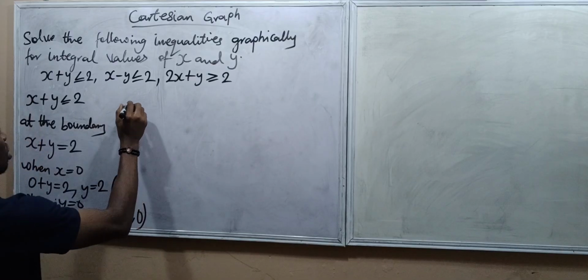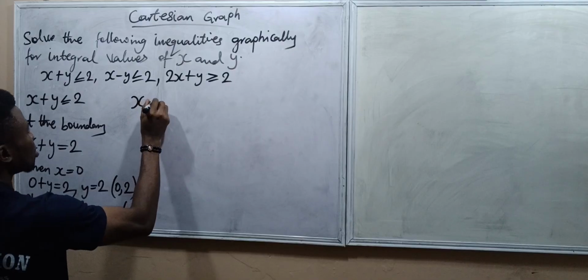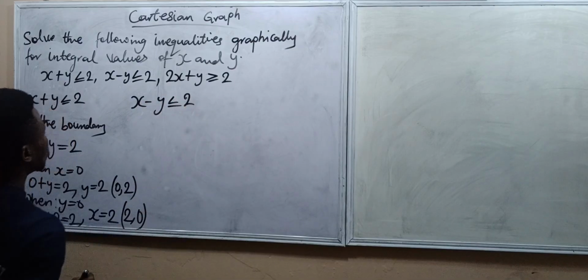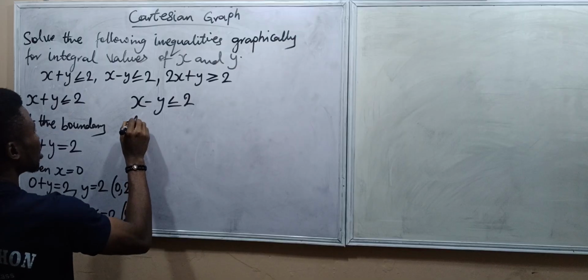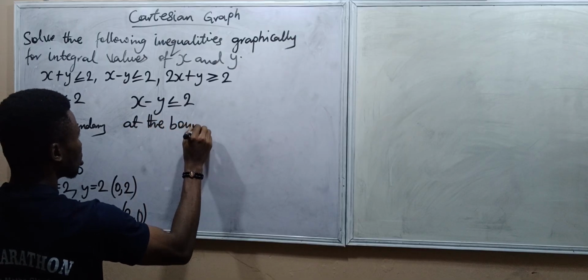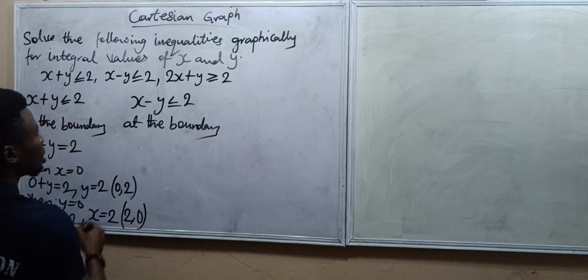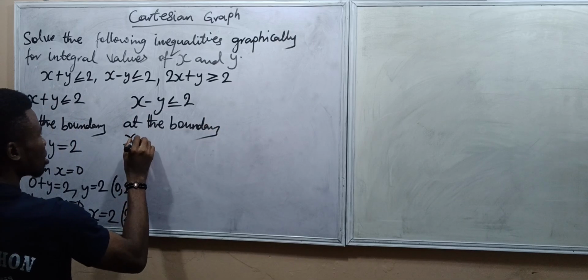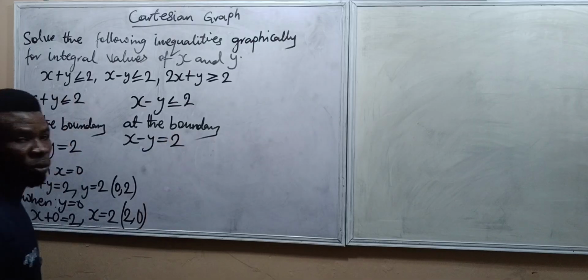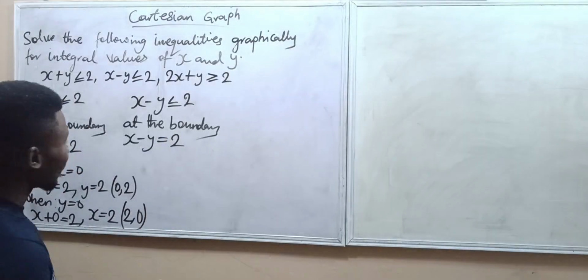Now, the second inequality is x minus y is less than or equal to 2. Still at the boundary, x minus y will be equal to 2. Hope it's clear.